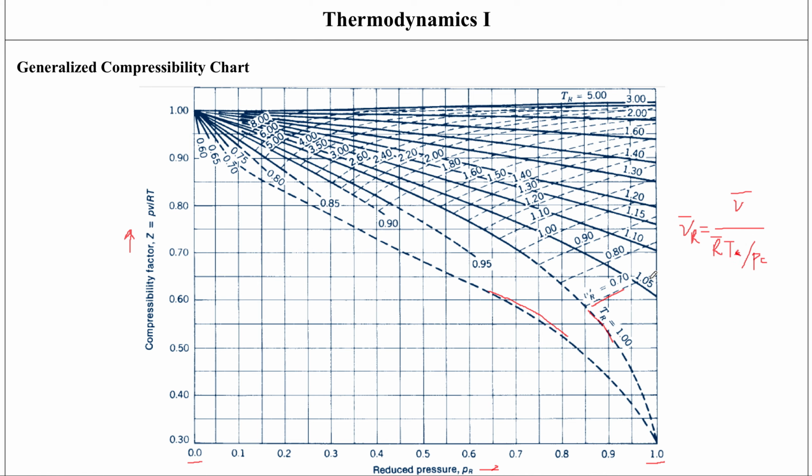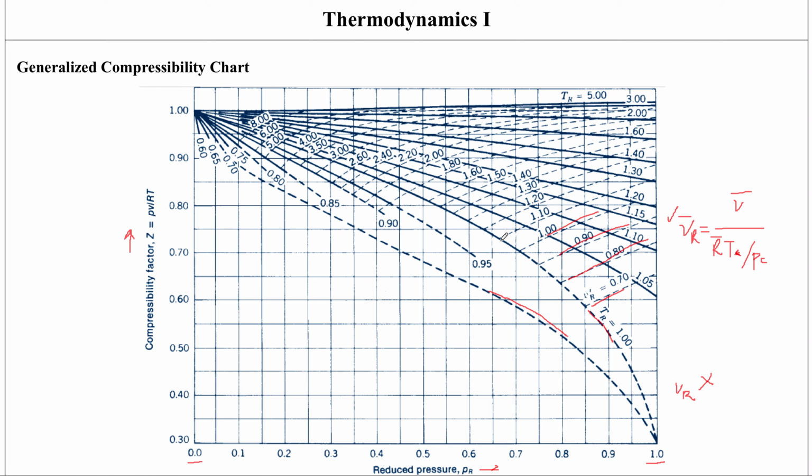We don't work with the reduced specific volume. You could ask why we are not working with reduced specific volume. It's just that it's been found easier to graph the pseudo-reduced volume onto this figure here. That is why we do this. You'll see these lines. These are the pseudo-reduced volume lines.